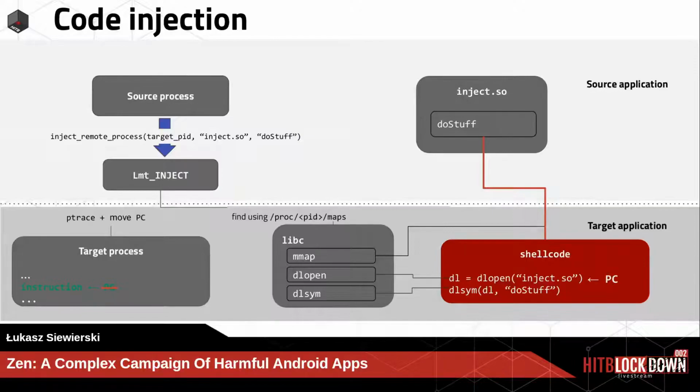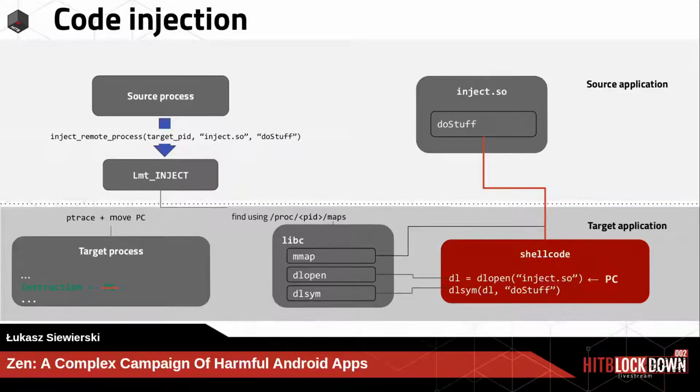And in order to do that, it has to map memory in the target process, just so that it can put the shellcode that would load the inject.so file, and it will start the do stuff method. So in order to do that, it has to find libc. The way it finds libc is by going to /proc/process_id/maps of the target process.